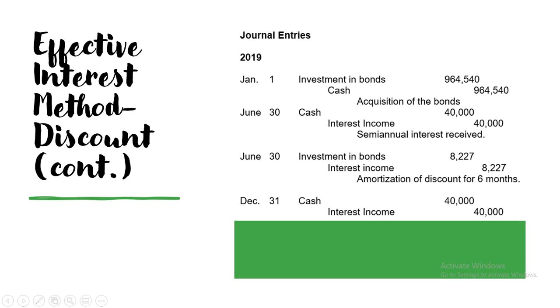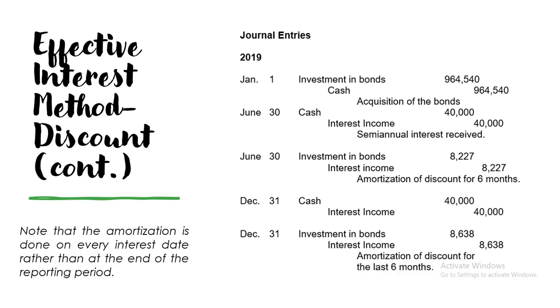And then December 31, which is another semi-annual interest received and amortization. So as you can see, note that the amortization is done on every interest date. Since this is June 30 and December 31, that's why we amortize the discount on every June 30 and December 31.